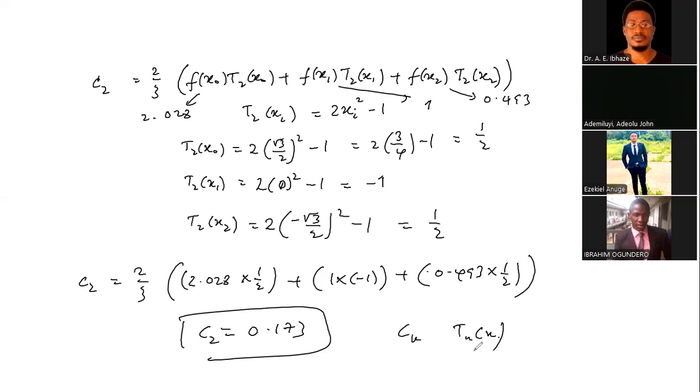So the approximate Chebyshev polynomial function, P2 of x, will now be the same as, recall, C0 T0 of x plus C1 T1 of x plus C2 T2 of x. So we can now plug all of those values in here.